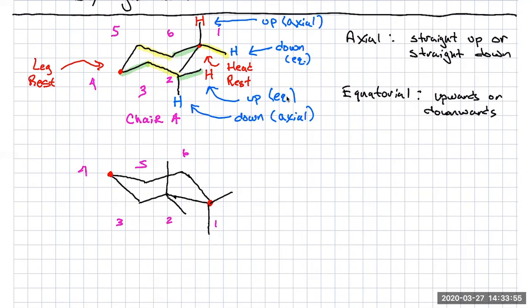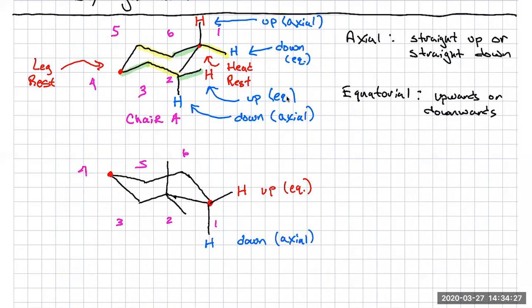And so now at carbon 1, it's still up, but now it's equatorial and up. The blue hydrogen at carbon 1 has to stay down still. It was equatorial down, and so it is now axial and down. Up always stays up, down always stays down, but the equatorial and axial patterns alternate when you go from one chair to another. Okay, like so.